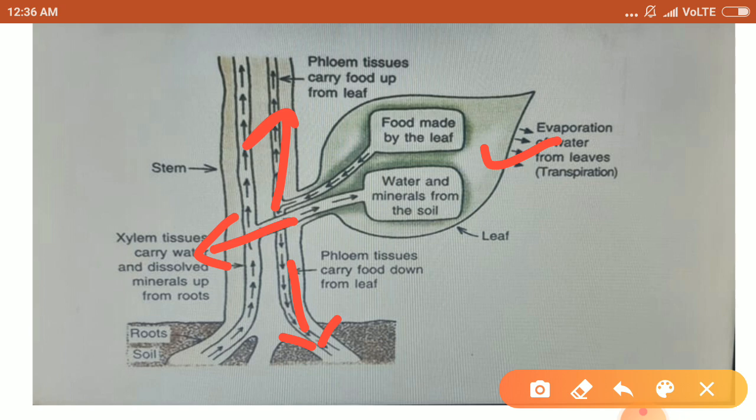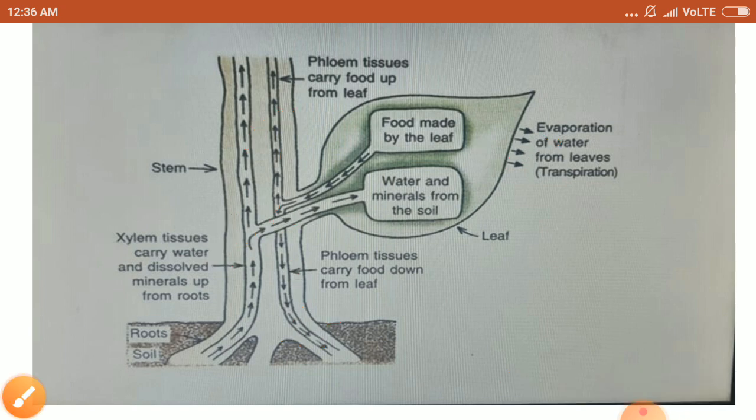If you have noticed, in xylem the movement occurs only in a single direction, the upward direction, because water movement occurs from roots, but through phloem the food movement occurs in all directions. It is multi-directional flow. Such a transport of food from leaves to other parts of the plant is termed as translocation, and the movement of water through xylem is known as transpiration.